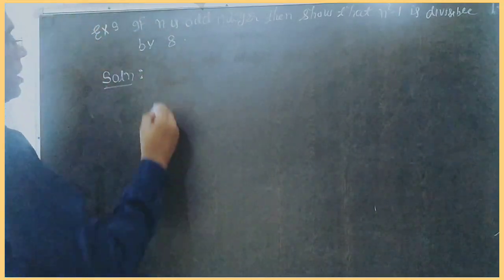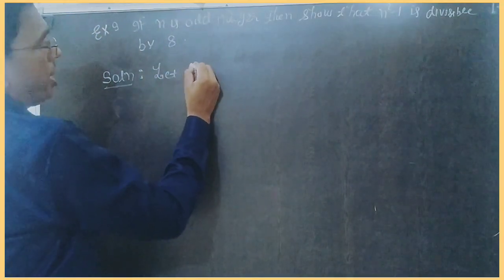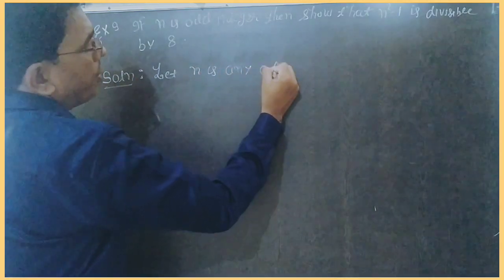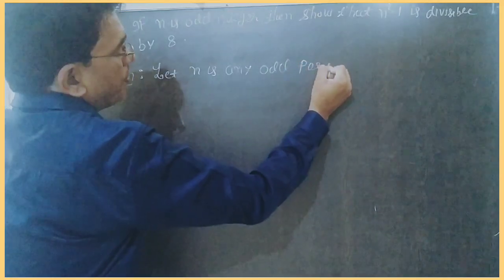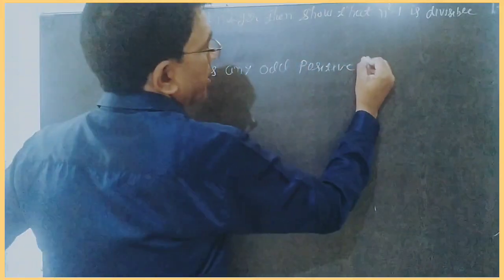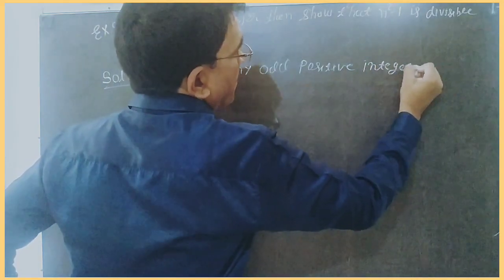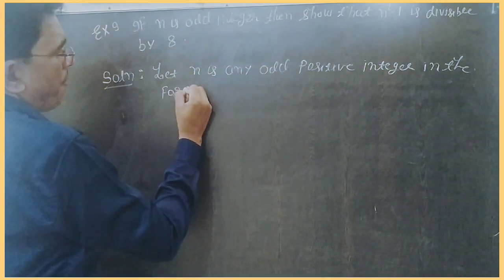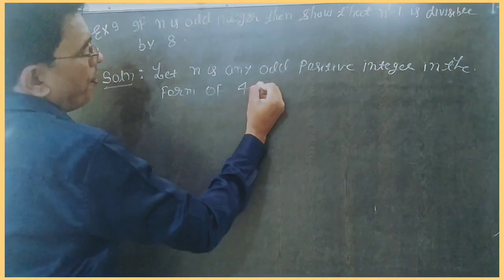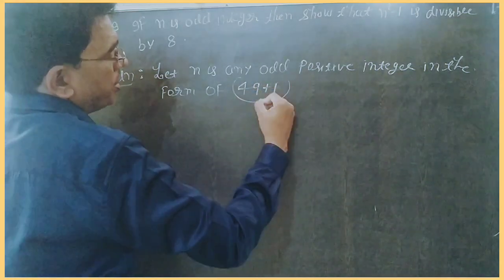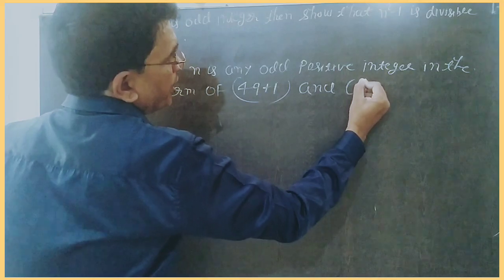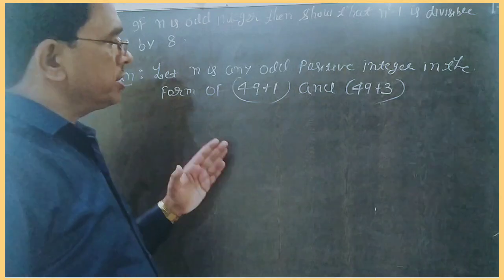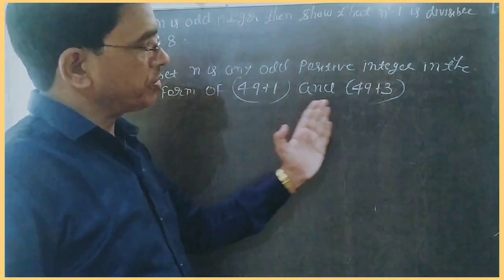Theorem means you take, let n be any odd positive integer in the form of 4q plus 1 and 4q plus 3. Now your question in your mind is why take only 4q plus 1, 4q plus 3, and no other than this.